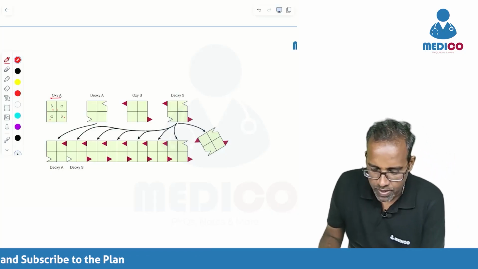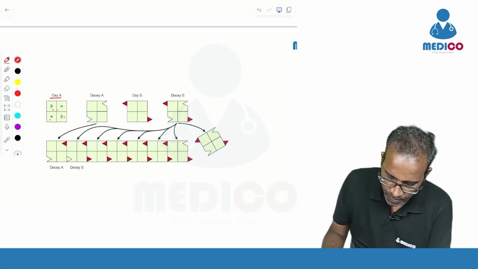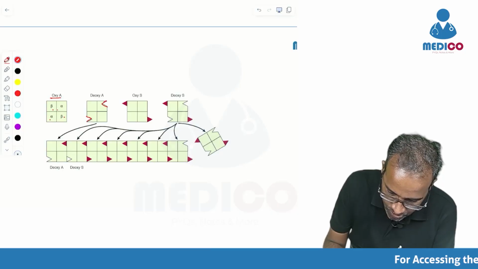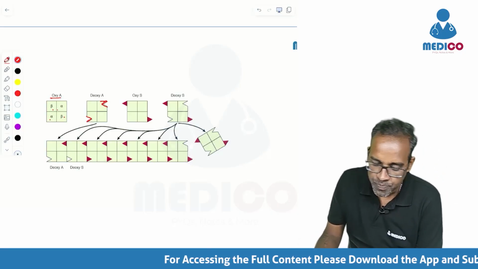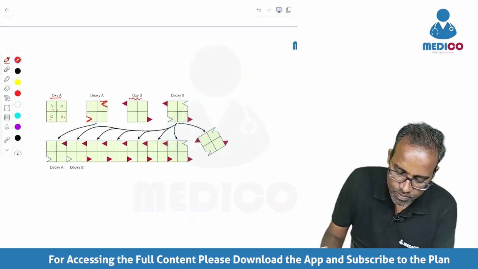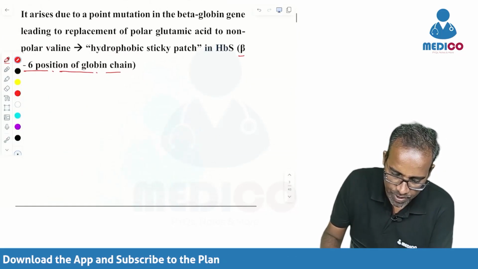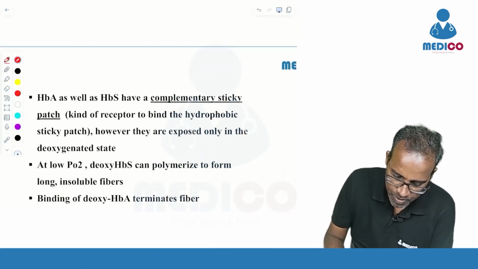When the hemoglobin gets deoxygenated, it will expose a hydrophobic patch or hydrophobic site like this in the deoxygenated state. The sickled hemoglobin will generate something called a hydrophobic sticky patch.